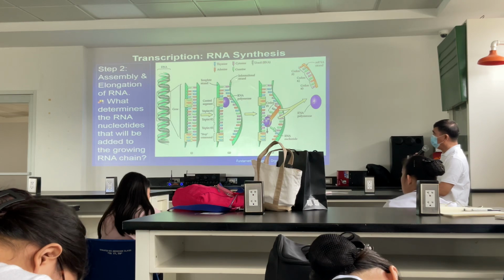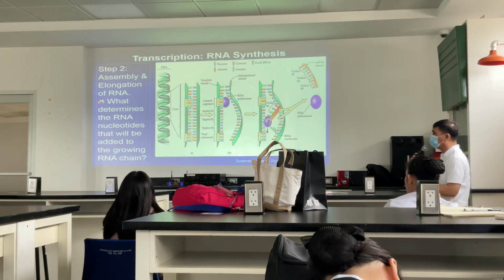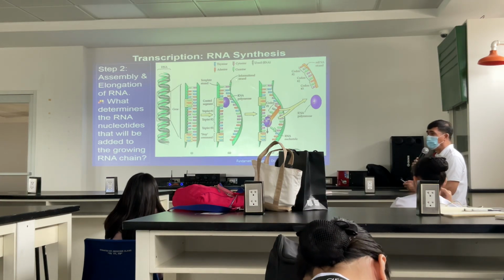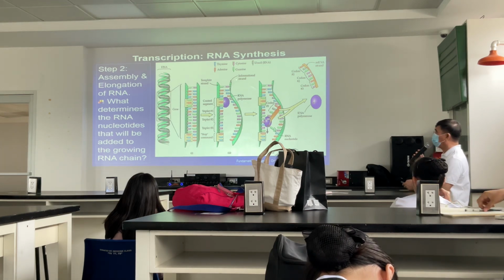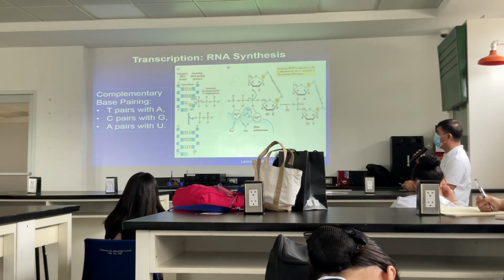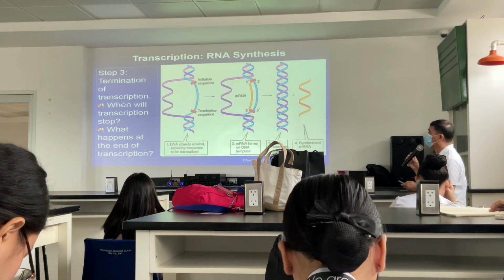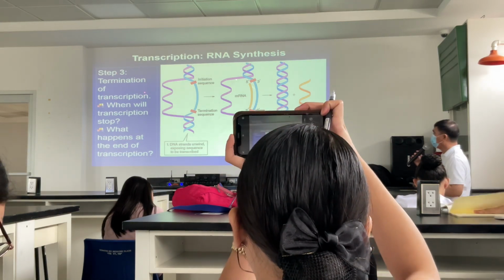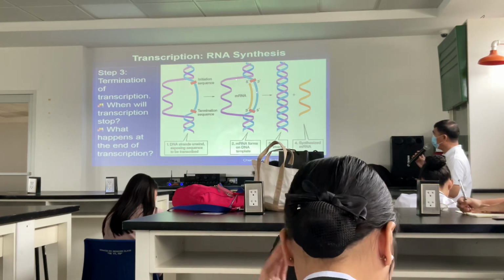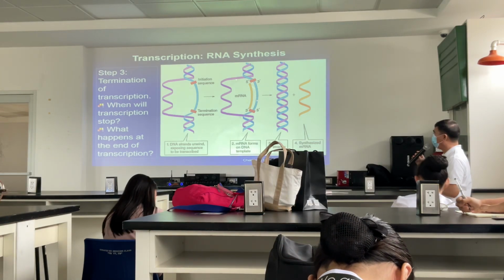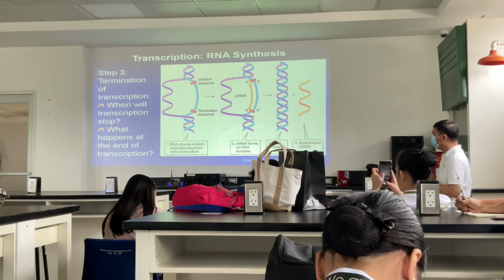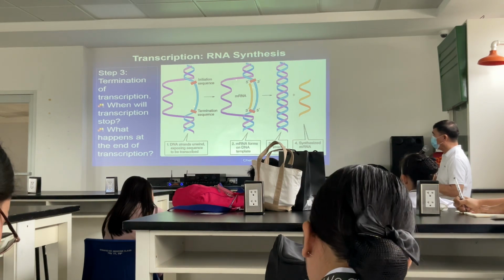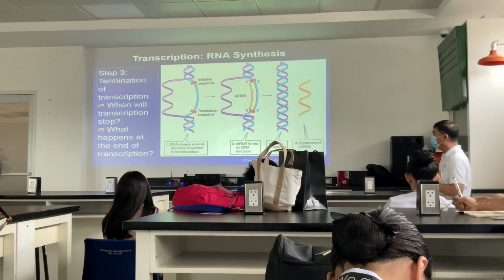So let's go back. What determines the RNA nucleotides? Again, we have said the sequence of bases, according to complementary base pairing. So when will termination of transcription occur? When the RNA polymerase moving down the 3' to the 5' recognizes a termination sequence.